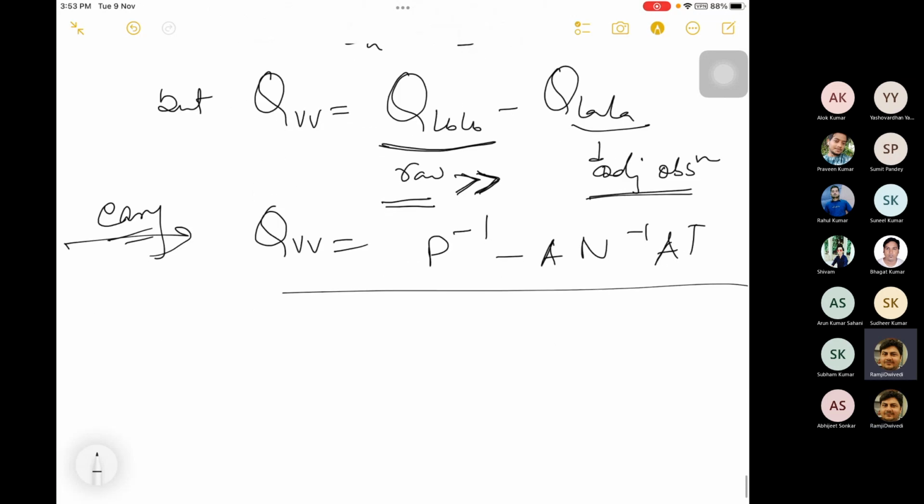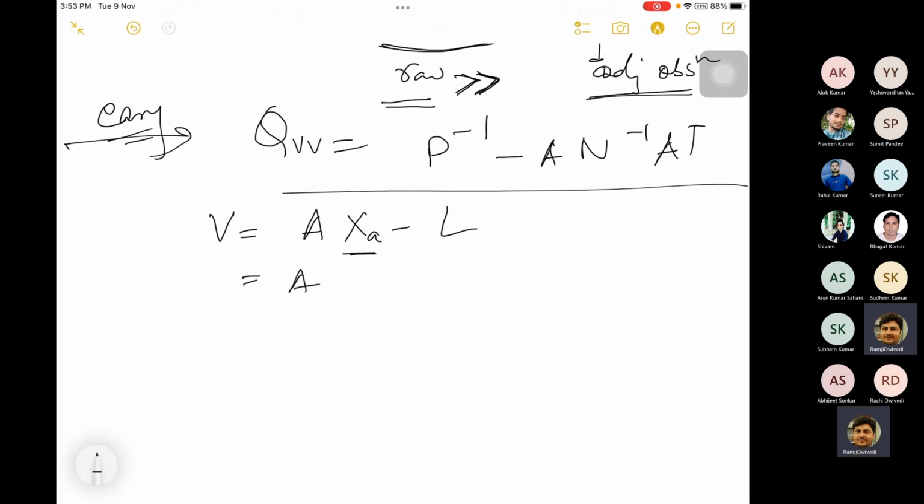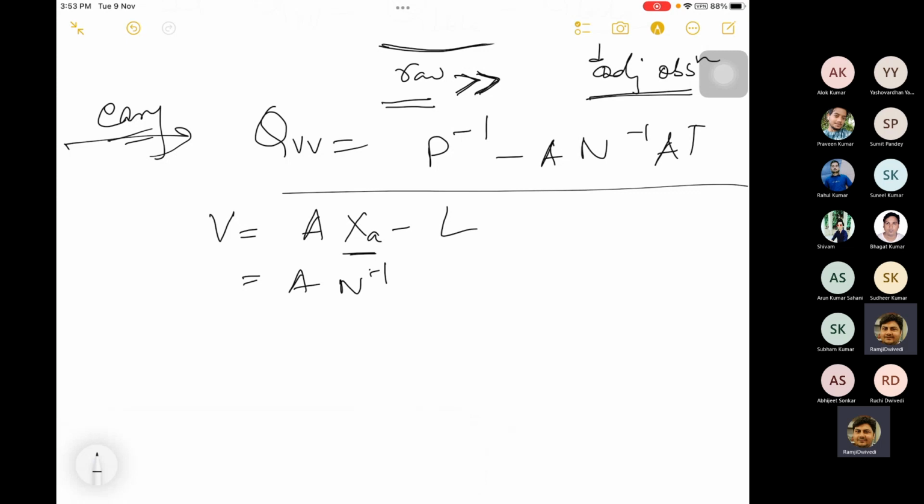But if you go back to basics and want to solve right from the very beginning, V is a function of XA minus L. What is XA? We all know that XA is N inverse U minus L. What is U?